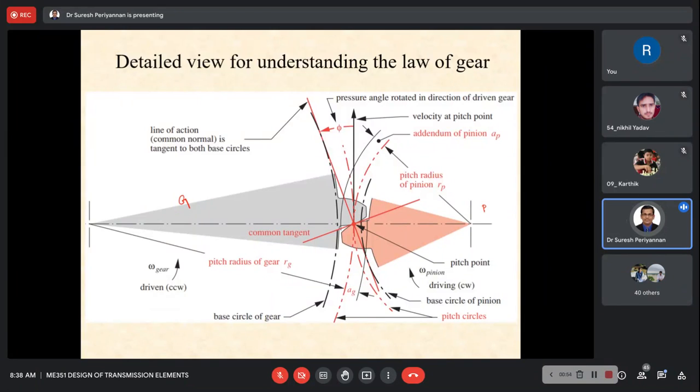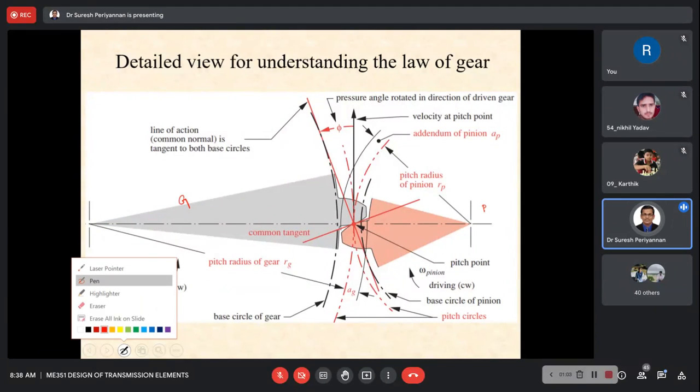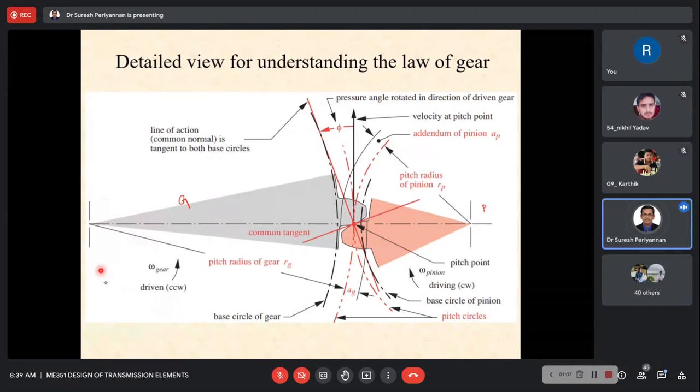Here we are looking only at the mating teeth of the gear and the pinion, because for our understanding, from the whole gear we consider one tooth which is engaged with the pinion. On the right-hand side also, from the whole pinion we consider only one tooth.